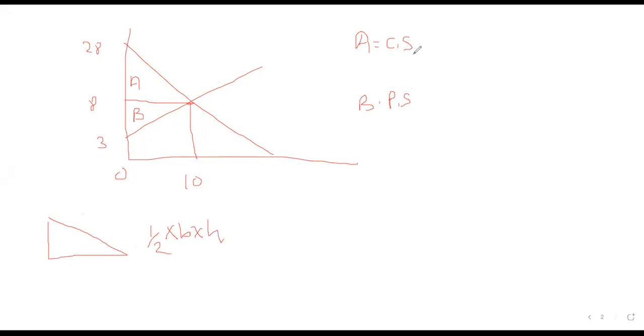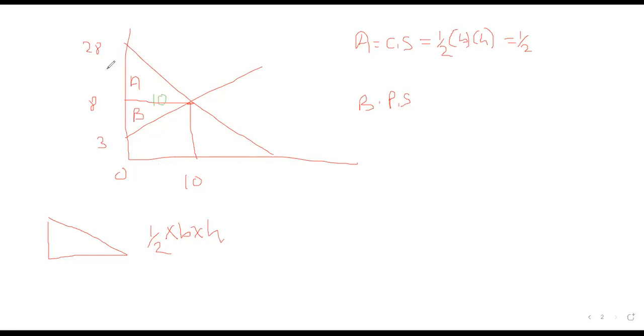So I want us to identify the base and the height for area A. What is the base for area A? From here to here, 20. From here to here, what is the base? That's 10. 10 and 20.